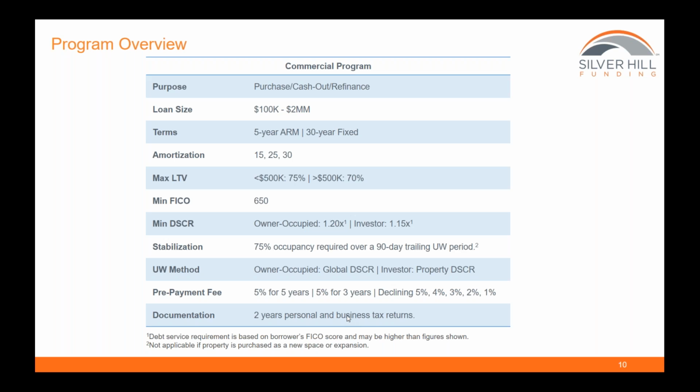Some apartments we've seen have not been able to continue to collect full rents even after March and April and May, which was really the worst period of the economy. So we're going to want to see that as well during the underwriting process.